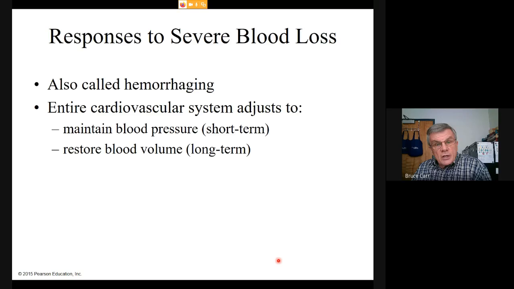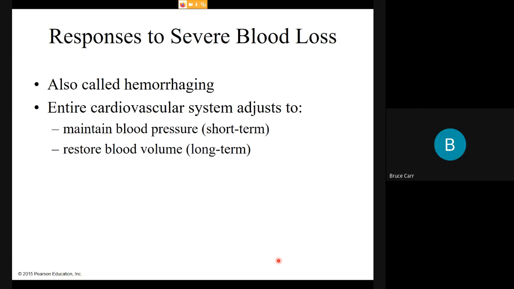We have an adjustment by the entire cardiovascular system to do a couple of things. First of all, the short-term effect is to maintain the blood pressure. Since it takes a matter of minutes for living cells to slow down and die when they're deprived of oxygen, that blood pressure on a whole body basis is essential.